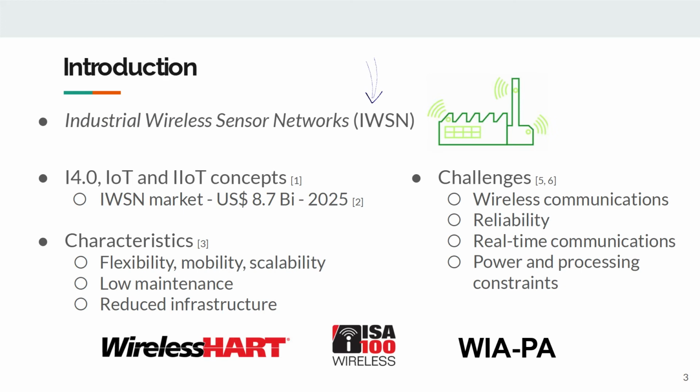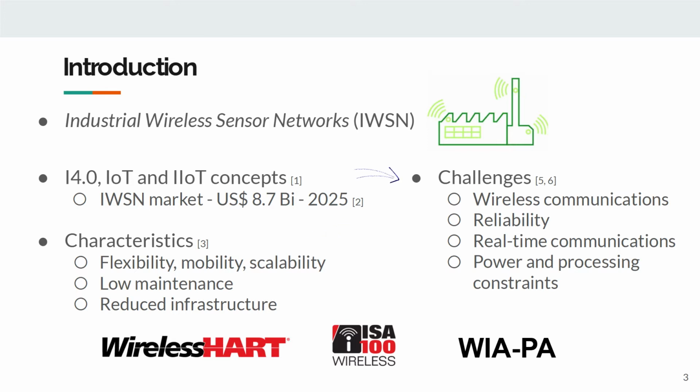Industrial wireless sensor networks, IWSNs, are used for communication in automation and allow the incorporation of the Industrial Internet of Things, Industry 4.0, and Internet of Things concepts. This market is expected to reach $8.7 billion in the next 5 years, and IWSNs present characteristics such as flexibility, mobility, scalability, low maintenance, and reduced infrastructure required.